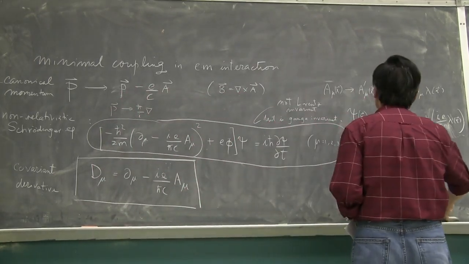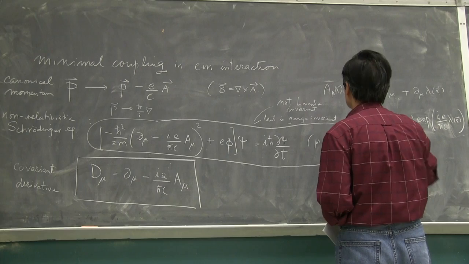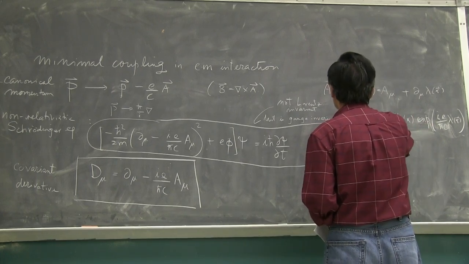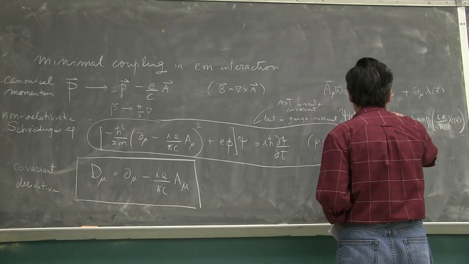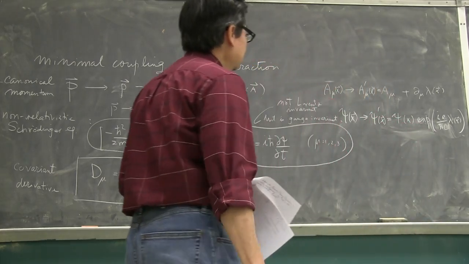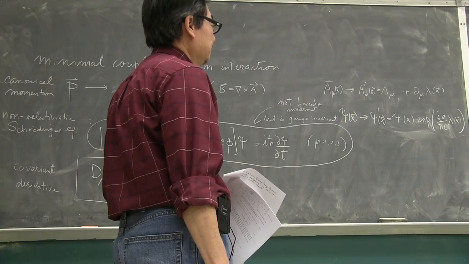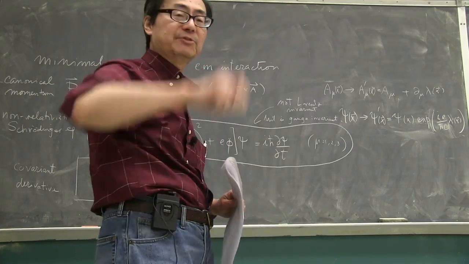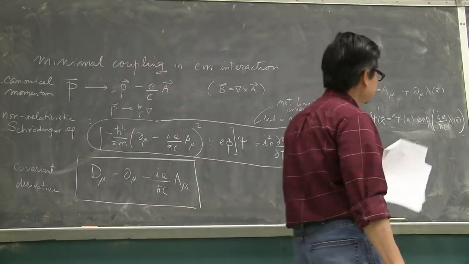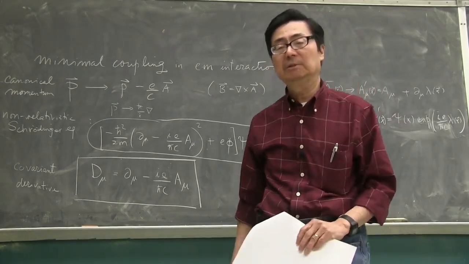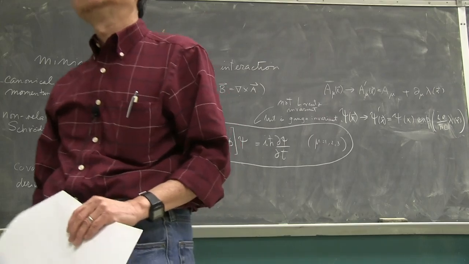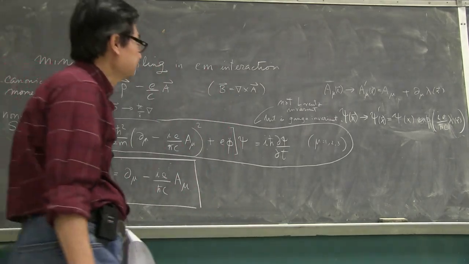And then psi(x) going into some psi'(x), which is equal to the wave function psi(x) multiplied by the exponential of some phase. The phase depends on this factor lambda that we have introduced into the gauge change of the vector potential.